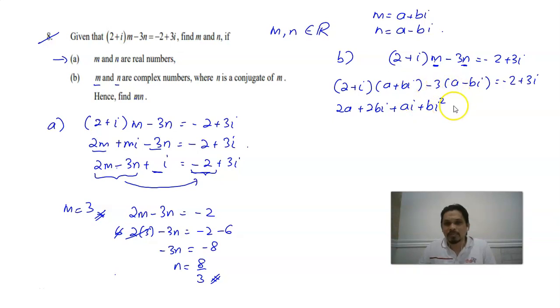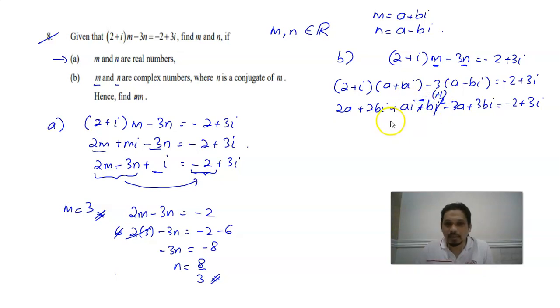Negative 3 times a, minus 3a, negative 3 times negative bi becomes positive 3bi, equal to negative 2 plus 3i. Now, i squared equal to negative 1, and negative times positive becomes negative.